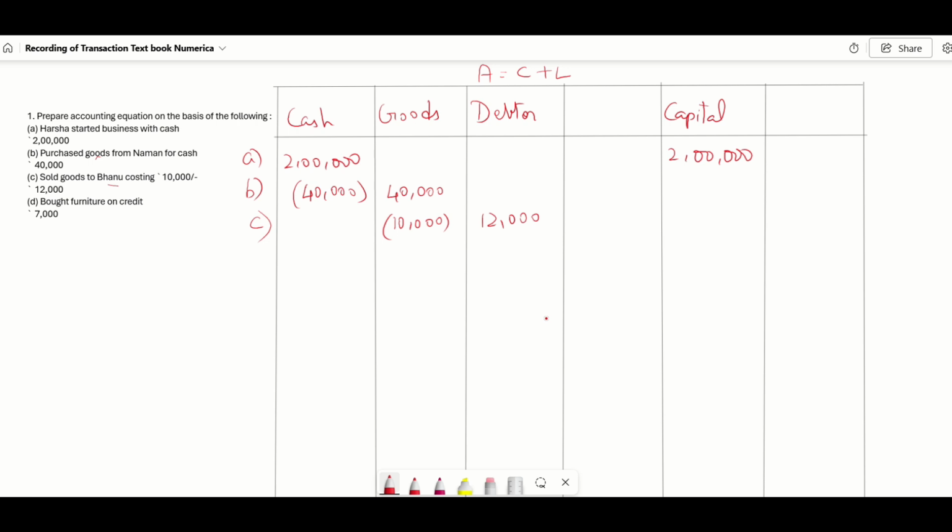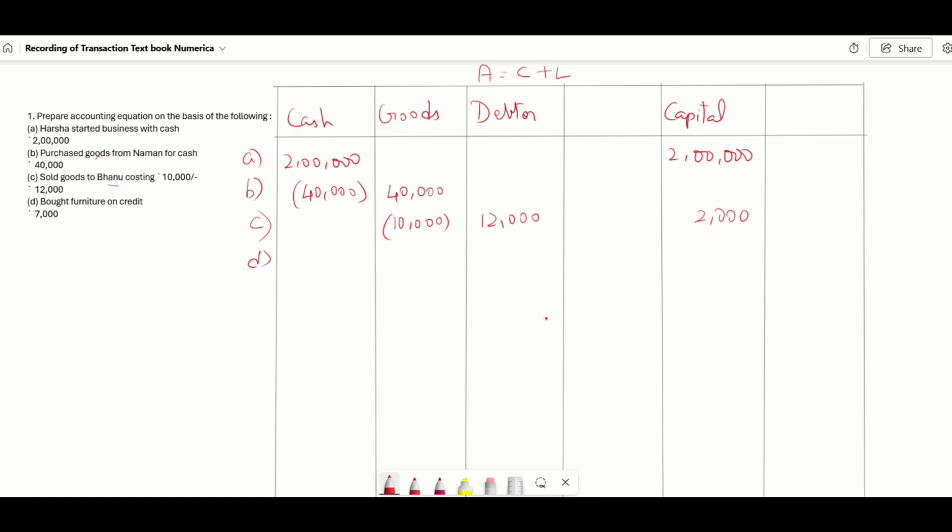So if you see, plus 12,000 minus 10,000, there is 2,000 on the asset side, and the profit on the sale is 2,000. Simple calculation, that we'll be adding to the capital account. So net it is 2,000 on this side, and 2,000 on this side also, again it is balanced.